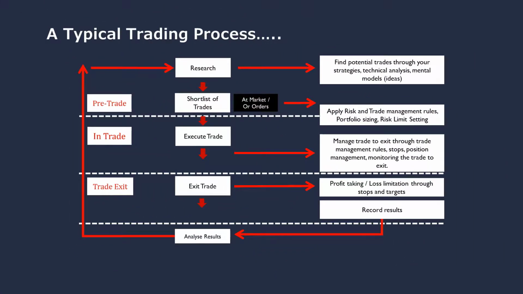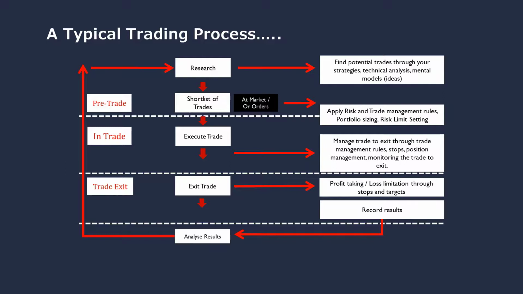Now this diagram really highlights the whole process of trading, and it doesn't apply just to the Kagi charts, it's across all charts and trading strategies. You start with the research, and that could be technical, fundamental, behavioural. You find potential trades through your strategies, technical analysis, mental models.